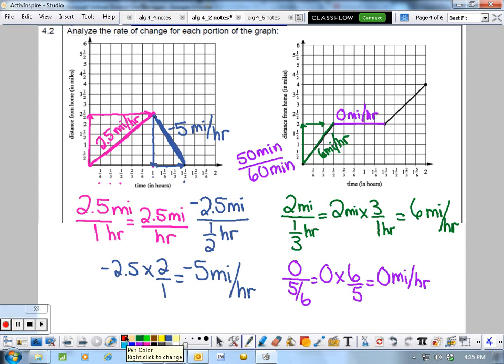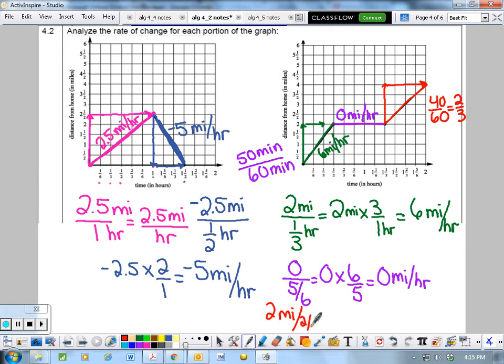Okay, and the last portion, we're going to look at this right portion. We're going to do our rise, and it looks like from 2 to 4 miles, so 2 miles. Kind of running out of room here to write. And then I'm going to run 1, 2, 3, 4, so 40 minutes out of 60 minutes, which is really 2/3 of an hour.